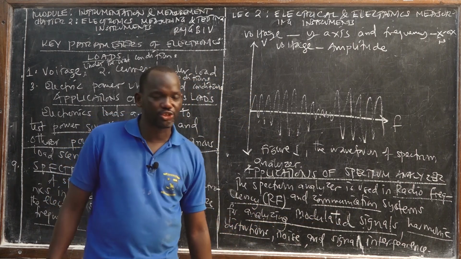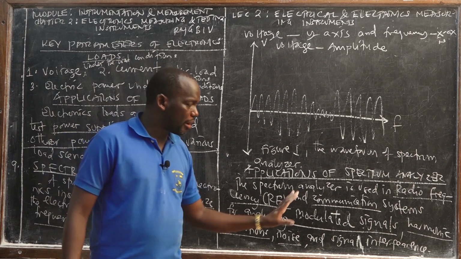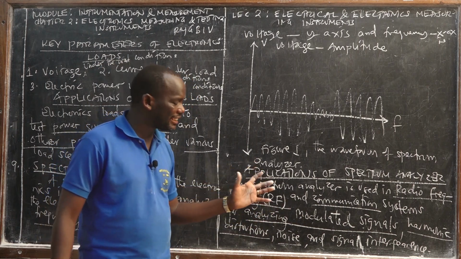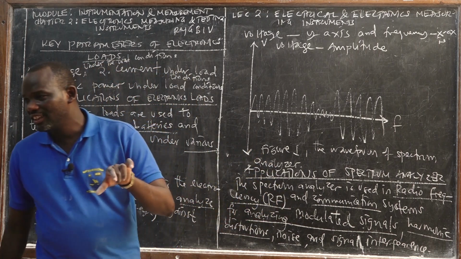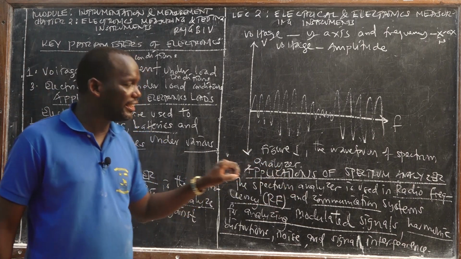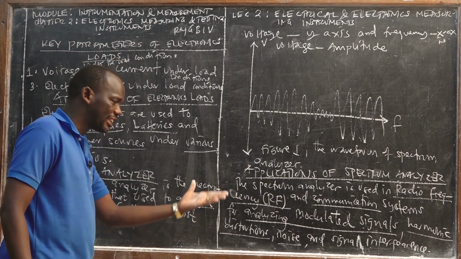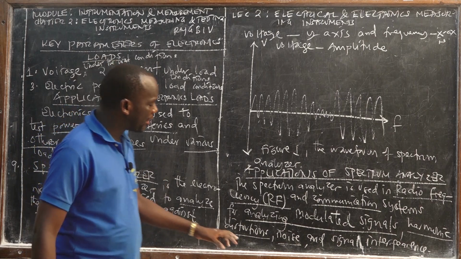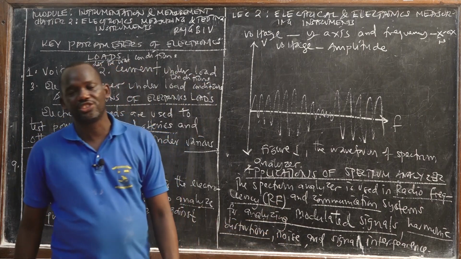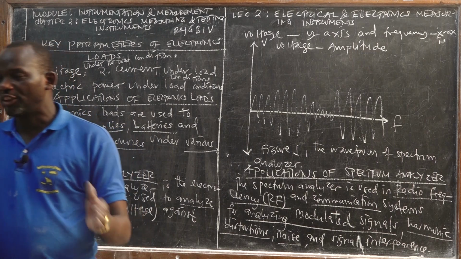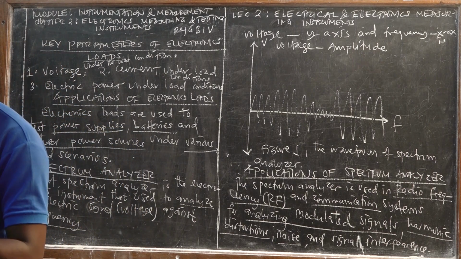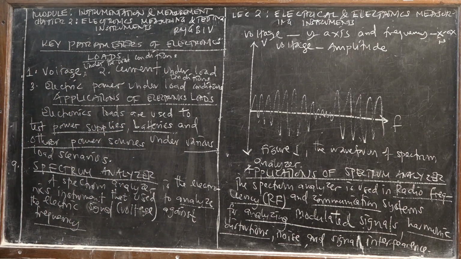Say harmonic distortions. When we talk about harmonics, we discuss something like simple harmonic motion, but here we discuss harmonics in terms of waves. But also it's used to analyze noise. Say noise. Have you ever experienced noise in electrical transmission? Electrical noise, right?